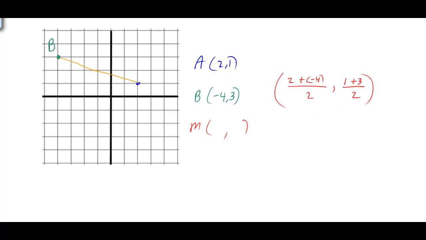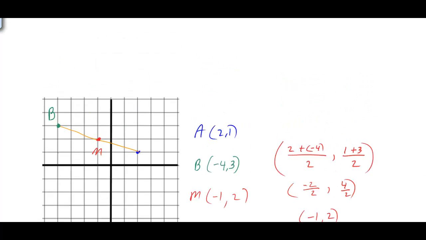Well, 2 plus -4 is -2 over 2, and 1 plus 3 is 4 divided by 2. So we end up with -1, 2. So -1, 2 is our midpoint. If we find that point, we go 1 to the left and up 2. And we can see that looks about where our line would cross at -1, 2.